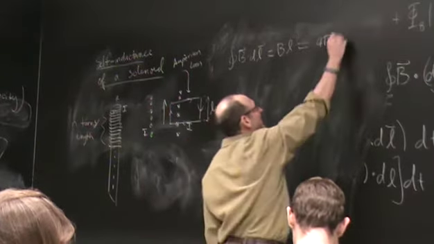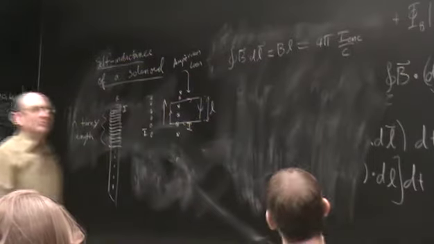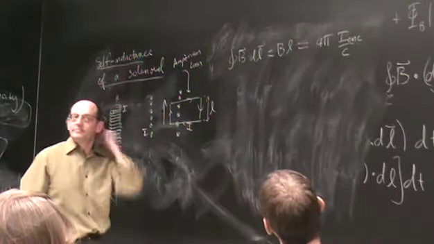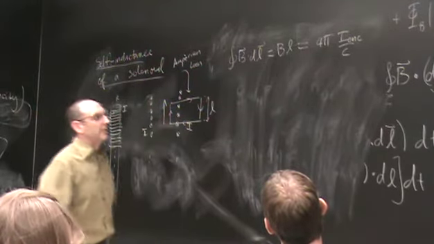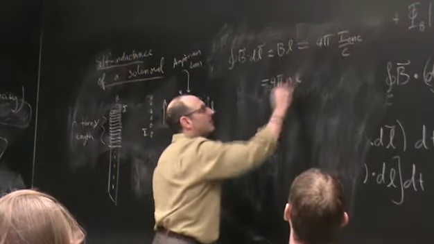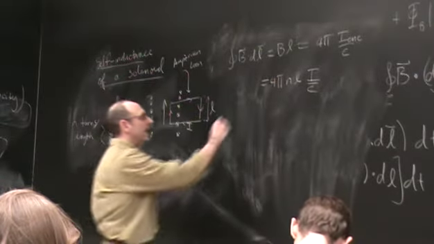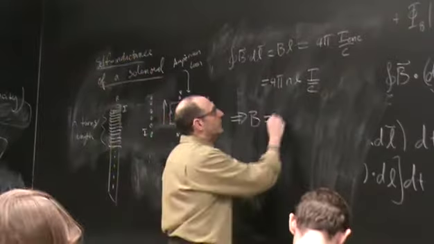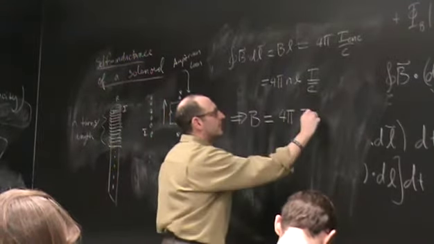Over C. So 4 pi I enclosed over C. All right, and what's I enclosed? Number of loops times I, which is equal to the number per unit length times L times I. So the magnetic field inside the solenoid is equal to 4 pi times I over C times n.